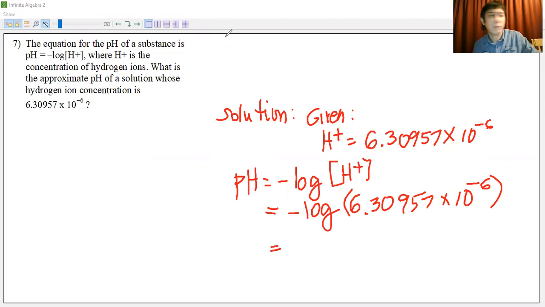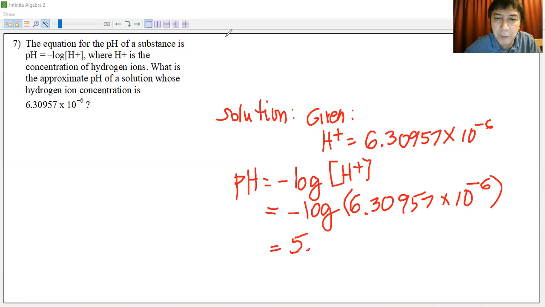Okay, so we just use our scientific calculator to get the logarithm. So negative of that logarithm will be 6.30957 exponent negative 6. All right, what we have is 5.2.